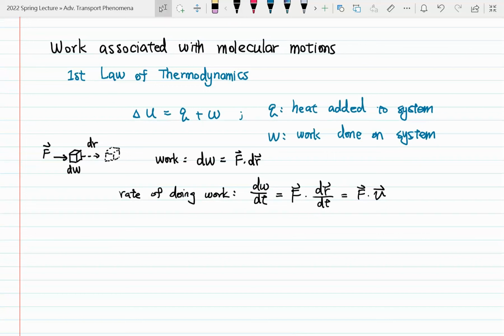What does that mean? If we draw again our control surface, let's say we have a control surface here. Again, we have x, y, and z. And this is our dS. And then we have some shear stress or normal stress, pi x. This is our normal stress.